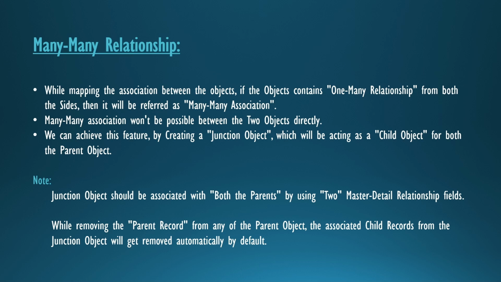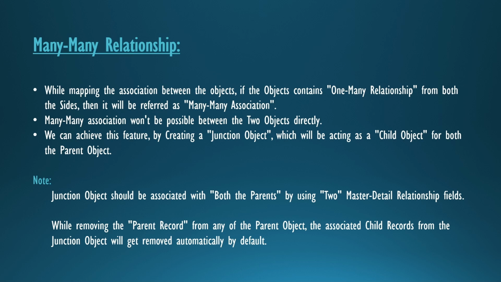Note: junction object should be associated with both the parents by using 2 master detail relationship fields. While removing the parent record from any of the parent objects, the associated child records from the junction object will get removed automatically by default.